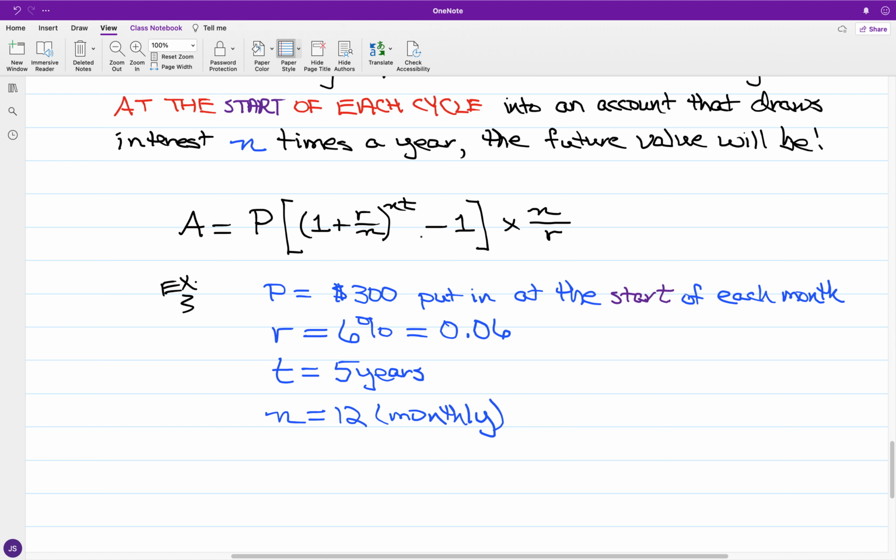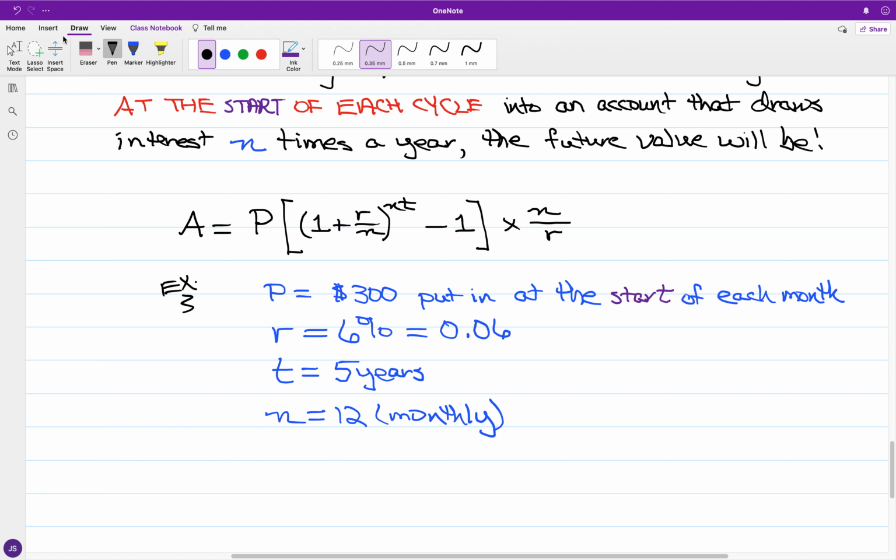This formula is for the end of each cycle, and this is your traditional annuity formula.